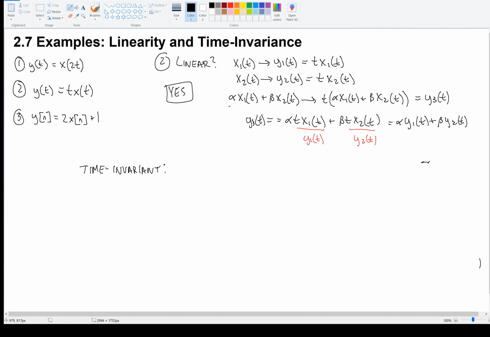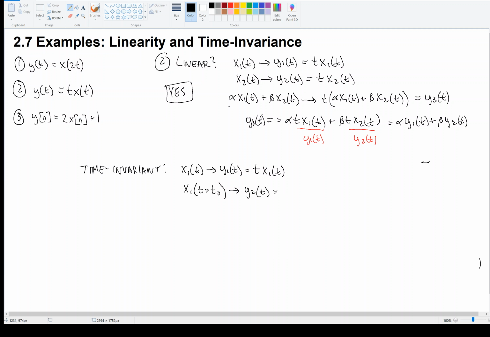Well, if I plug in x1 of t, so some signal, I would get out y1 of t equal to whatever time it is times x1 of t. Now, if I shift that signal, so if I put in x1 of t minus t0, I would get out y2 of t.